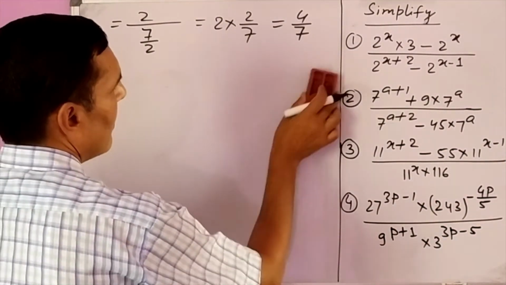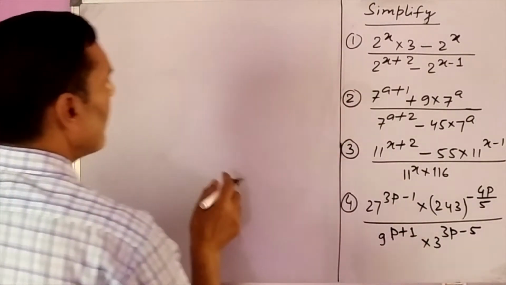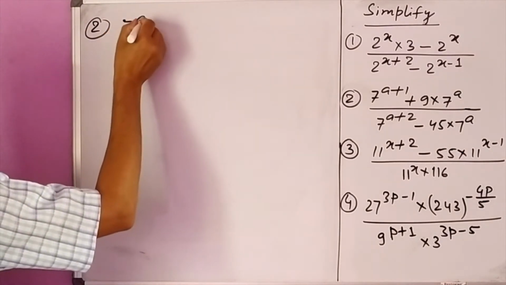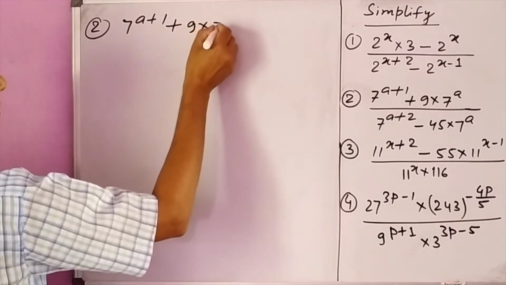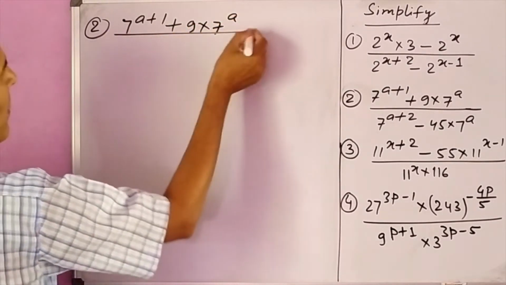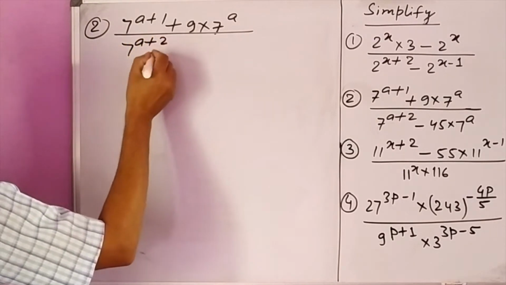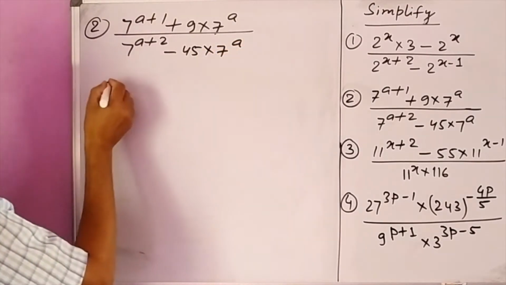Similarly, let's simplify another question, number 2. Numerator: 7 to the power a plus 1 plus 9 into 7 to the power a, and denominator: 7 to the power a plus 2 minus 45 into 7 to the power a.